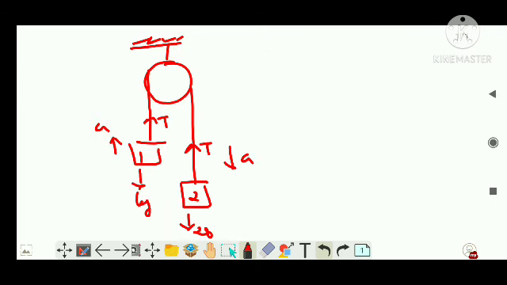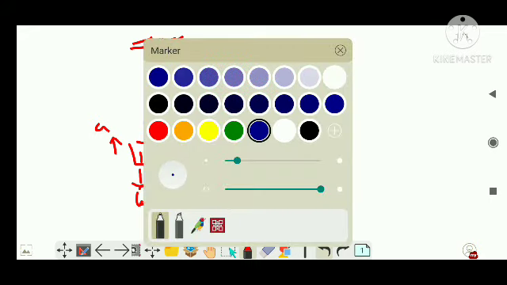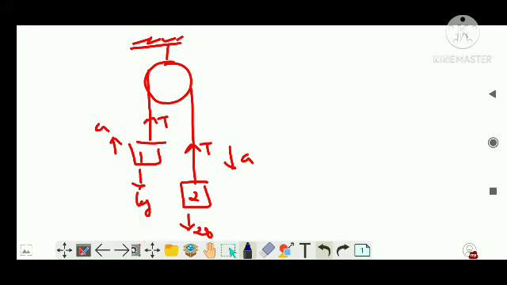Sorry, I'm extremely sorry. Okay, here in the same question you are asked what is the work done by tension force, right? So let's remove the red color. You have to find the tension first.